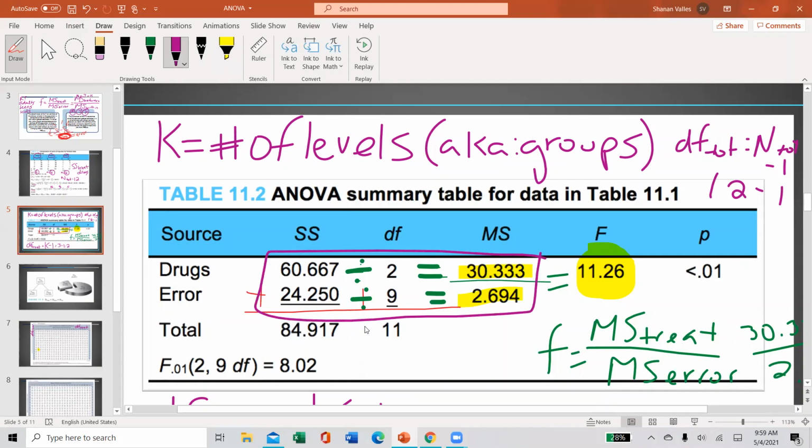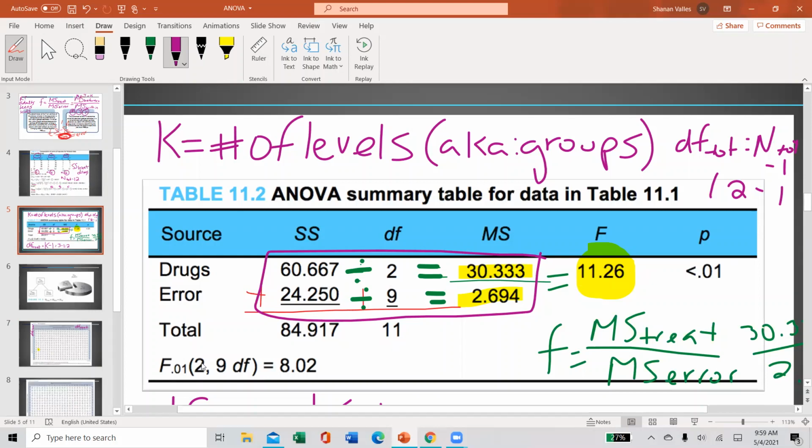So these don't really matter, okay? They are listed in a source table for us. They serve as a check, okay? And it tells us, oh, there's 12 people. You can just look at some of these things and go, oh, okay, that's what that is. But these are your big numbers here. These are the ones that matter, okay? Because they're ultimately used to find our F.